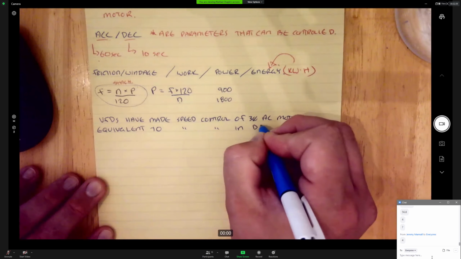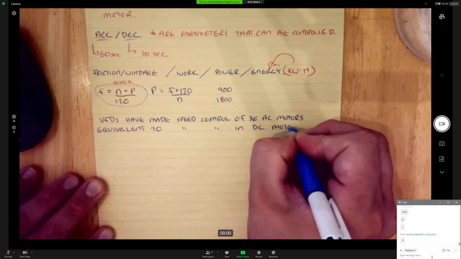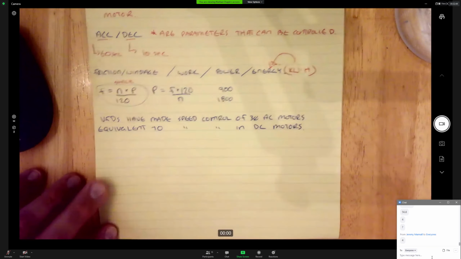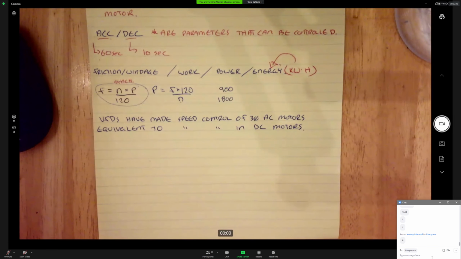And that was kind of the goal, because DC motors can have very, very fine-tuned control. It's what a lot of heavy equipment uses. They have big generators generating DC, and then it's all very fine DC control.